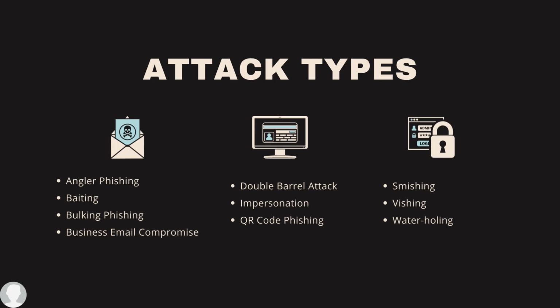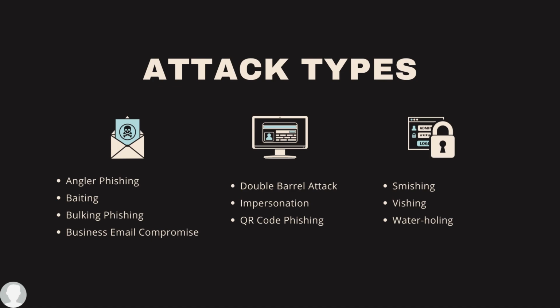Business email compromise is where an attacker uses impersonation to act as if they were an organization which they had compromised. So they could spoof the email or actually compromise that email and use it for their attack.